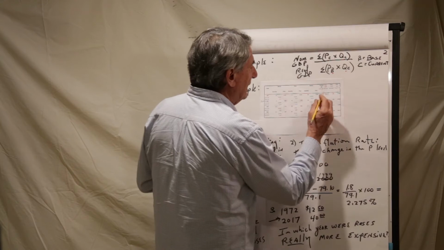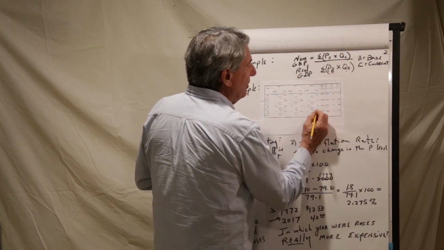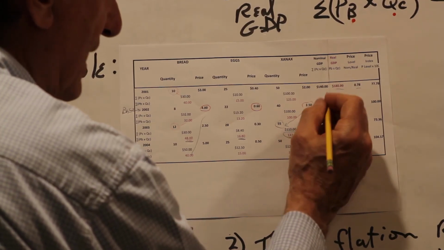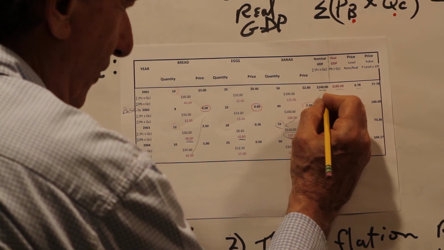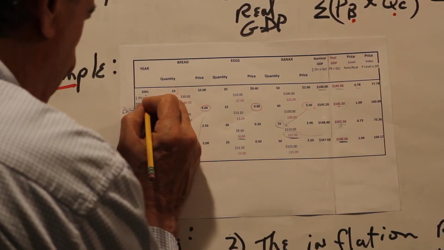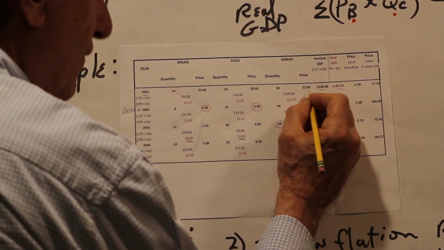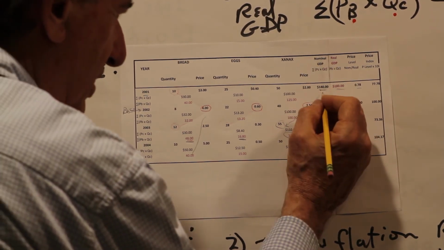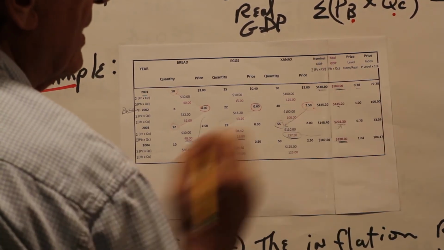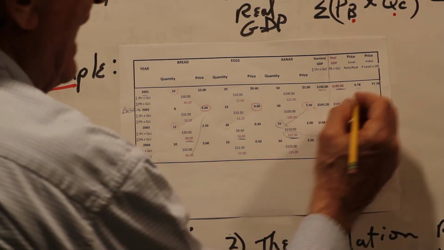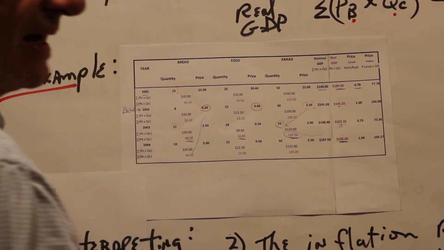So what then is the price level? Well, to get the price level, you take the nominal value, in this case 140. So the price level for year 1 would be the nominal GDP in year 1 divided by real GDP in year 1, and that comes out to 0.78.